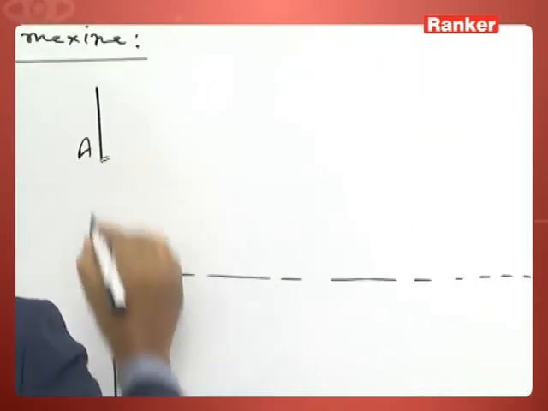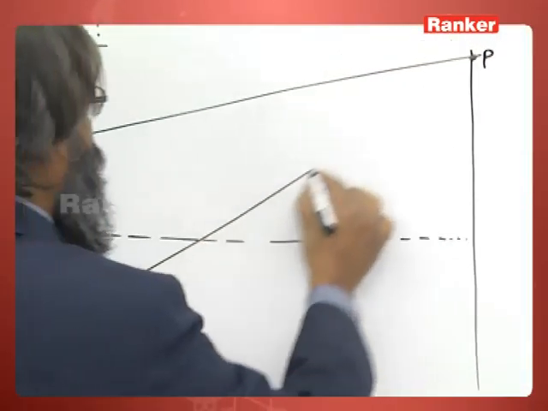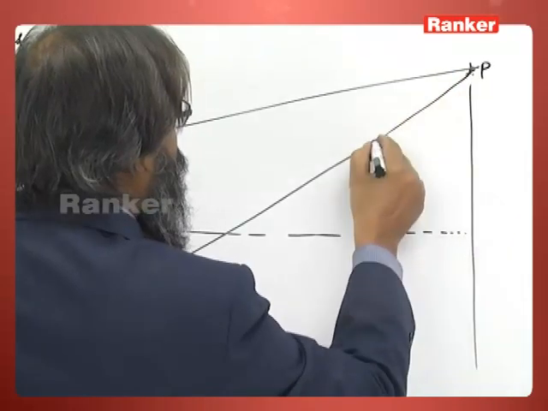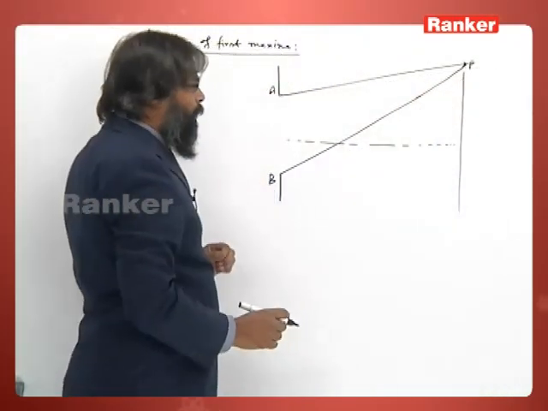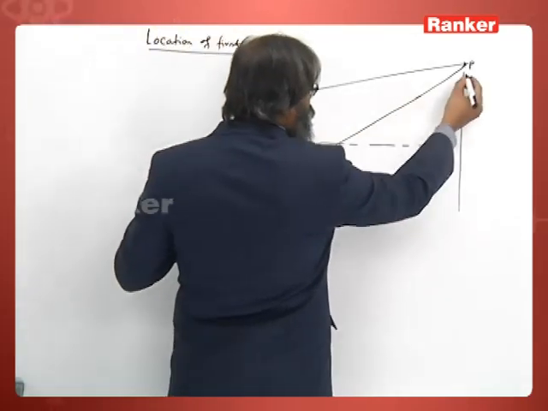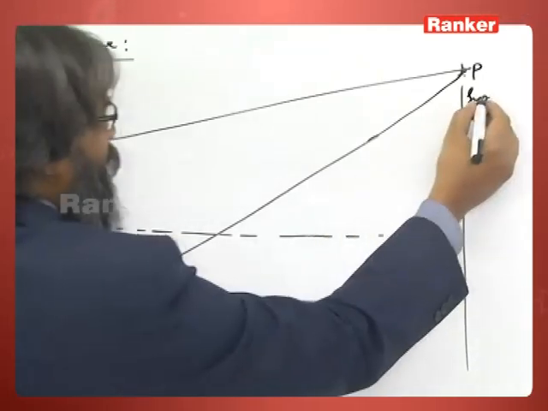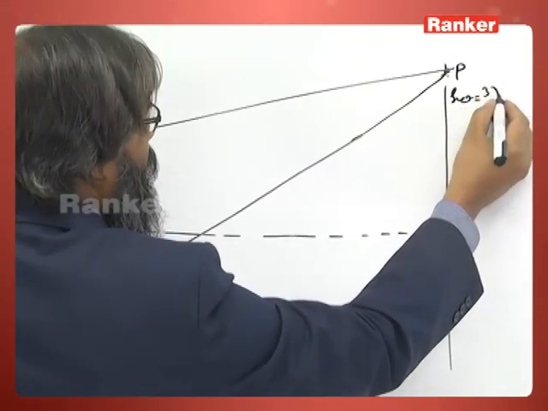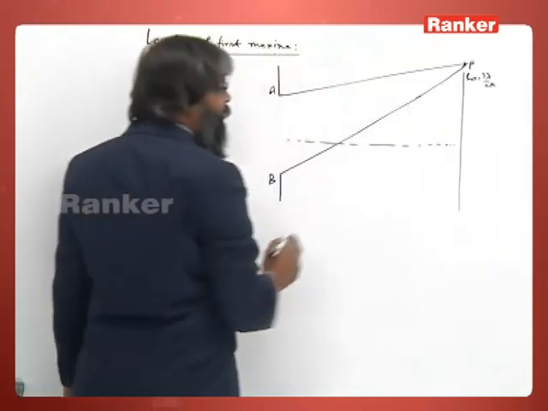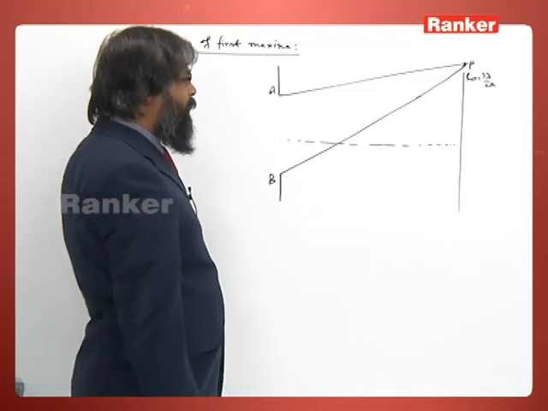So this is a and this is B. Now this is the theta. So B at B sin theta is 3 lambda by 2. The path difference is 3 lambda by 2. So sin theta is 3 lambda by 2a.